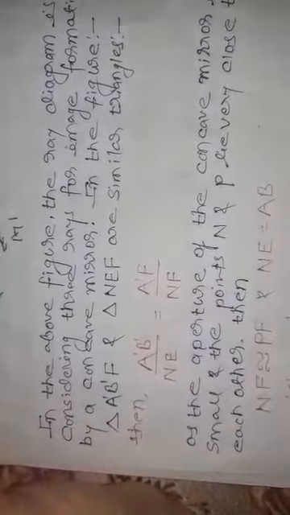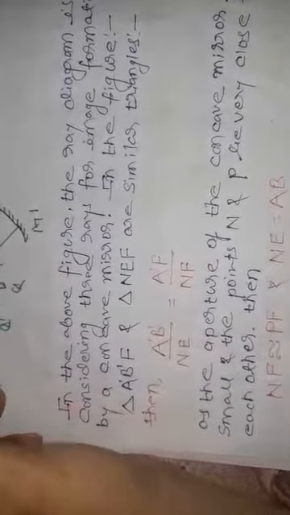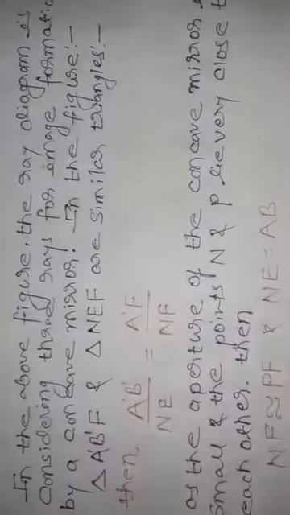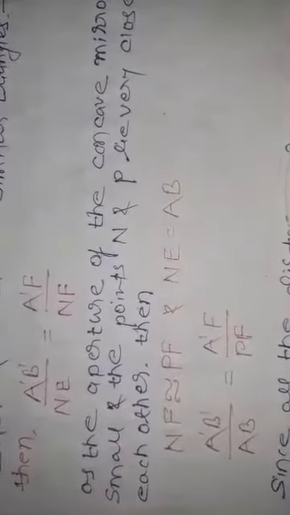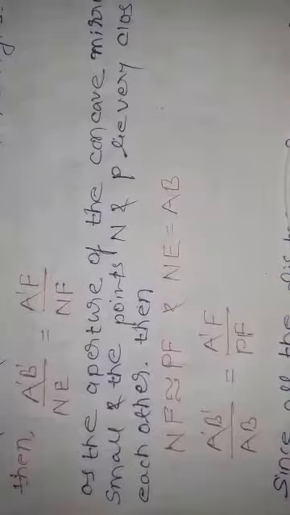Then NF is approximately equal to PF, and NE is approximately equal to AB. So we have the relation A dash B dash upon AB equals A dash F upon PF.